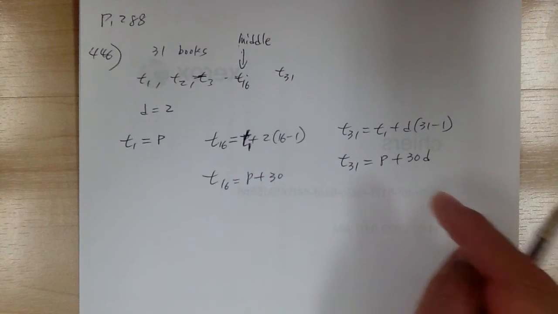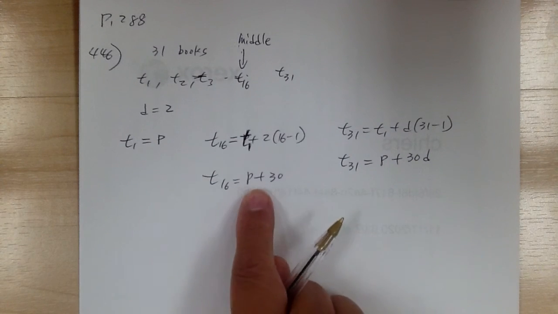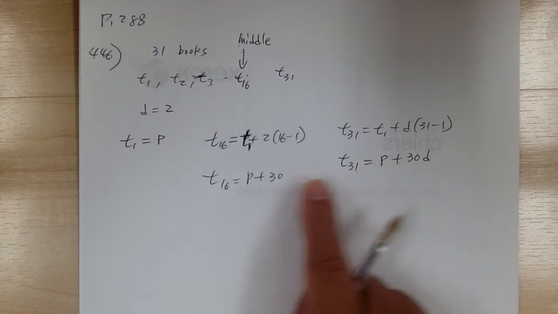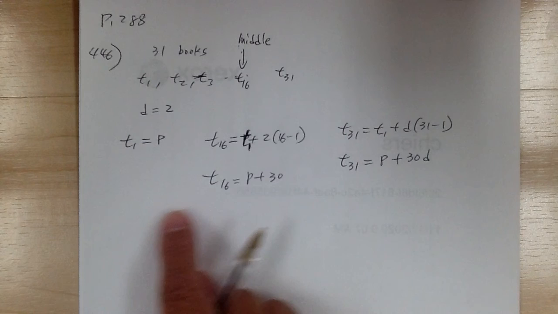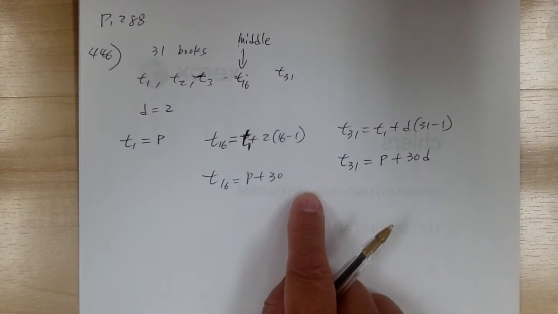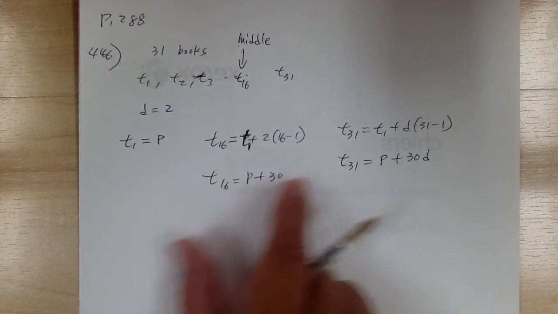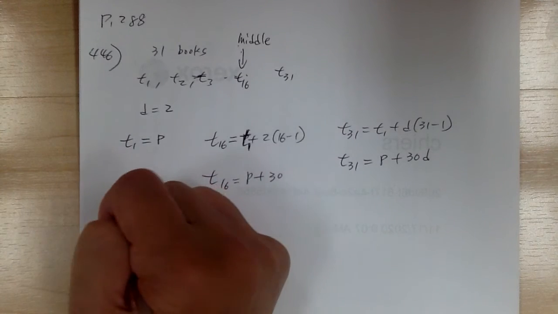Now we're going to see which two will match. So this is the middle book. This is going to be equal to this one plus this, or plus that. So let's look for T15 and T17 to see which two will add up to equal that.